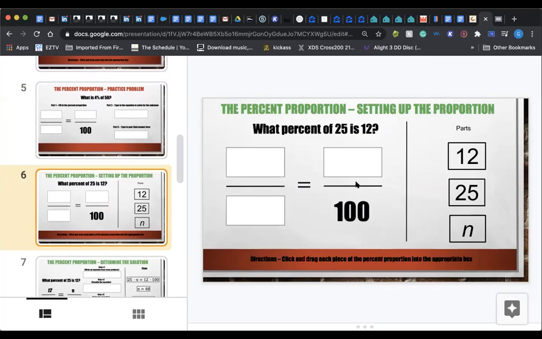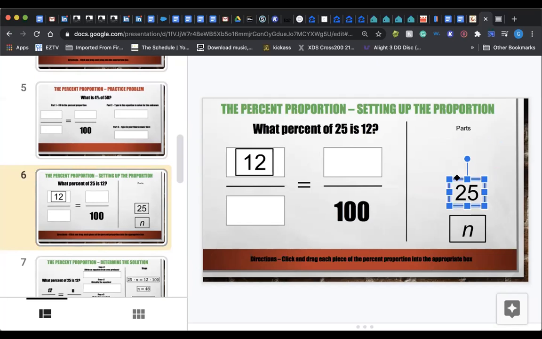All right, what percent of 25 is 12? Where do I put my 12? 12 is my part. Good. That means 25 is what?